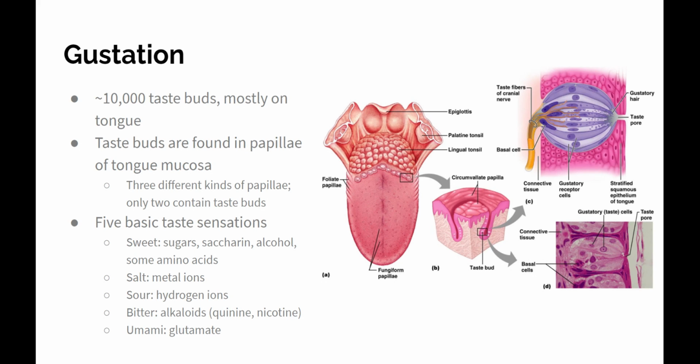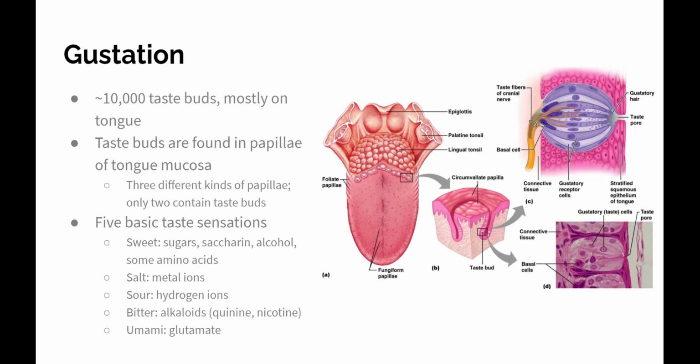You have 5 basic taste sensations that you can figure out. You have sweet. That's when the receptors are stimulated by sugars or saccharin or alcohol. There are some amino acids that register as sweet. Salty is another taste sensation that we have, and that's metal ions, which makes sense.